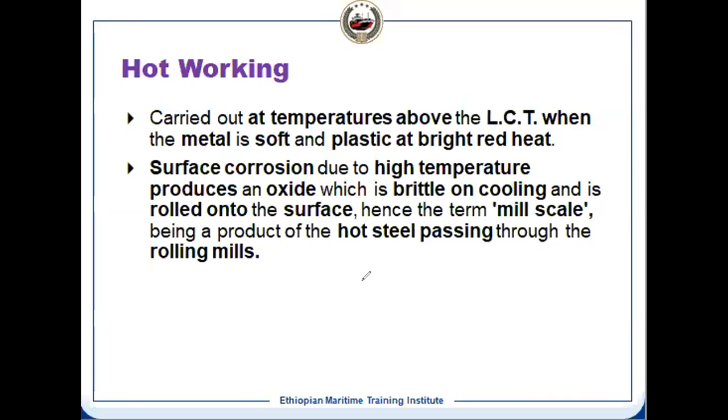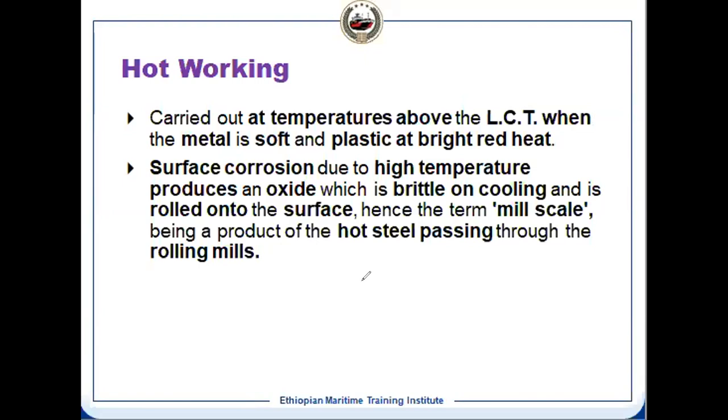Be careful that the protection should not get damaged. Many times ships carry this HRC and cold roll coil, CRC. If it is hot roll coil, then this mill scale will be there, whereas if it is CRC, this mill scale will not be there.